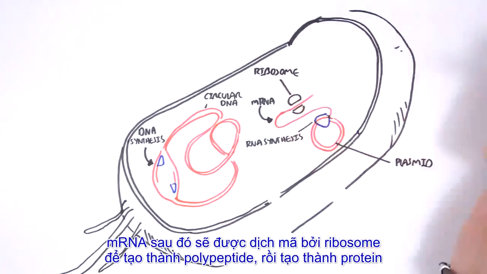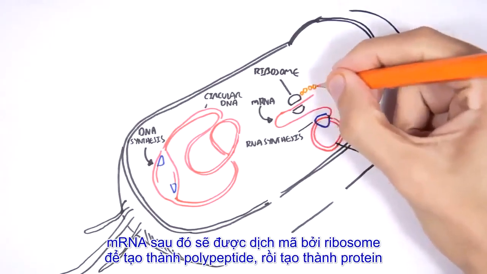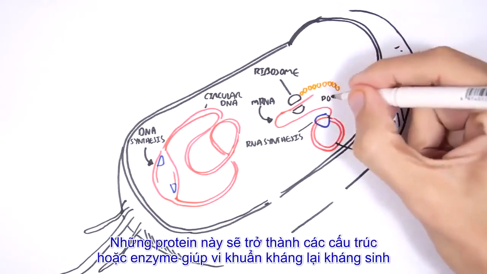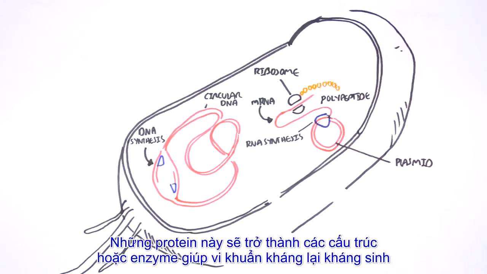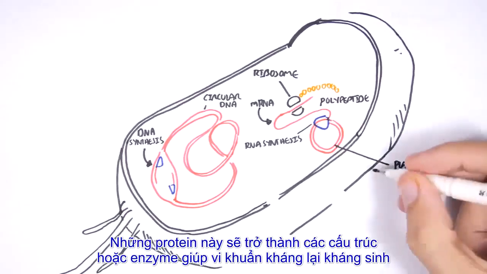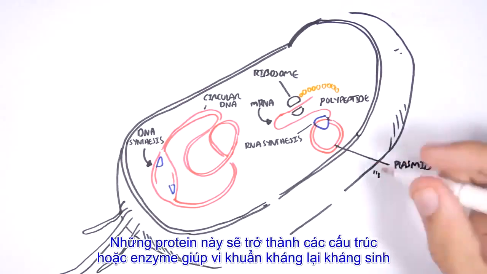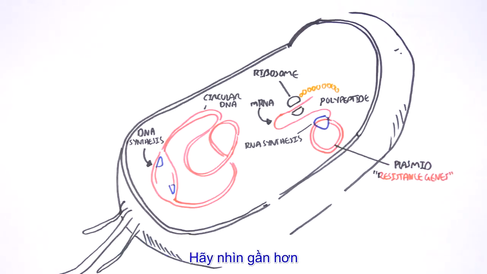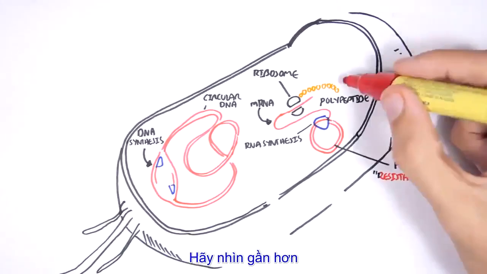This mRNA will then be read by the ribosome to make polypeptides, to make proteins. And these proteins are what will become structures or enzymes that will help the bacteria become resistant to antibiotics. So let's have a closer look by zooming in.